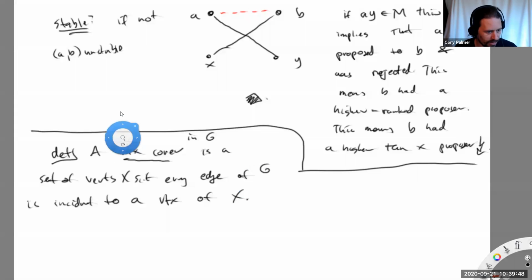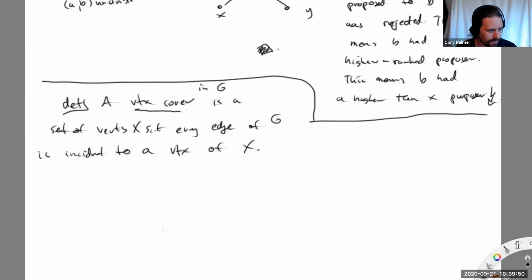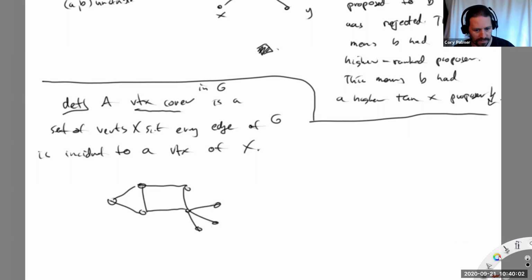So let's just look at a picture here. We've got a graph here. And let me draw for you two different vertex covers. So here's one vertex cover in red, right?